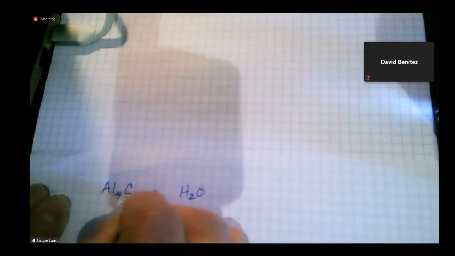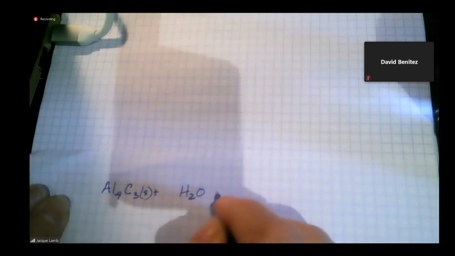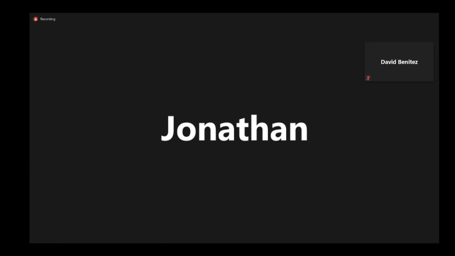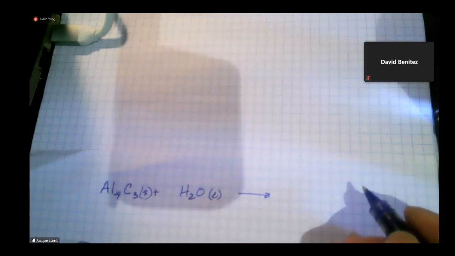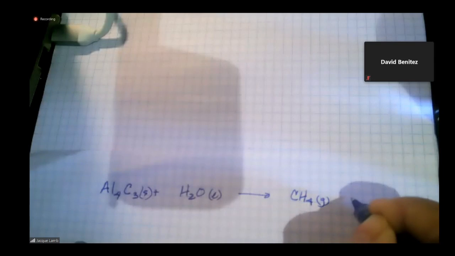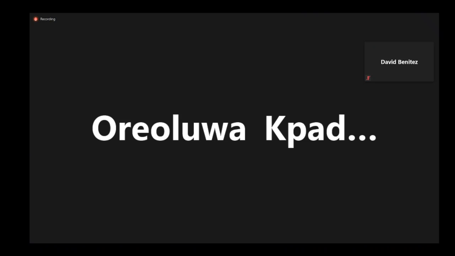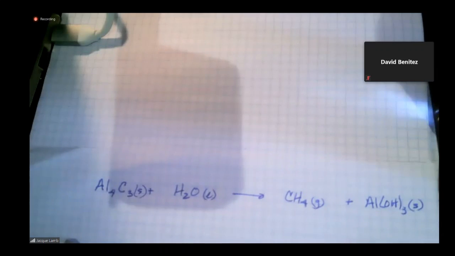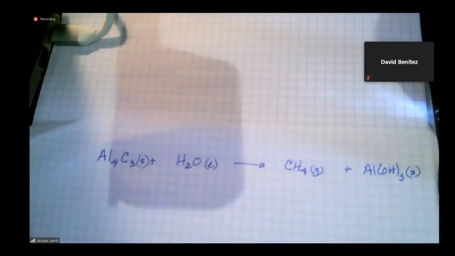And this is going to be a solid, by the way, because it's basically ionic. And this would be liquid. It should give it to you. Yeah, CH4 plus Al(OH)3. CH4 is a gas, and Al(OH)3 is also a solid because that's an ionic compound.